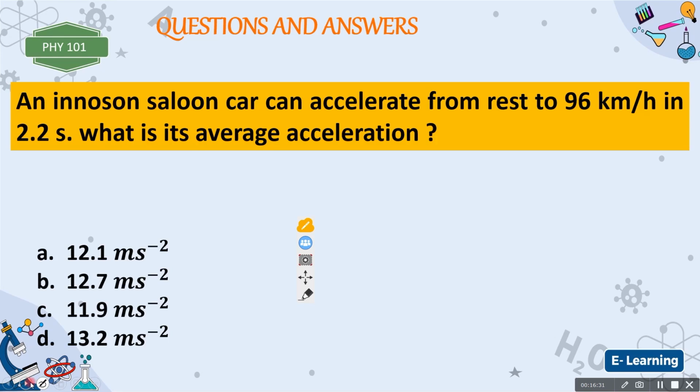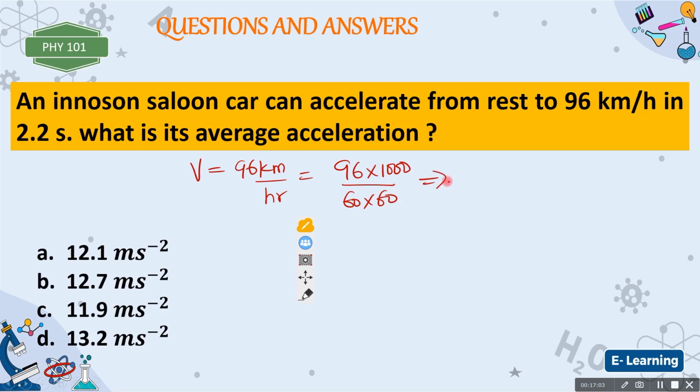The next question says, an innocent saloon car accelerates from rest to 96 km per hour in 2.2 seconds. What is the average acceleration? The velocity was given as 96 km per hour. We must convert this to meter per second. So it becomes 96 times 1000 divided by 60 times 60, right?